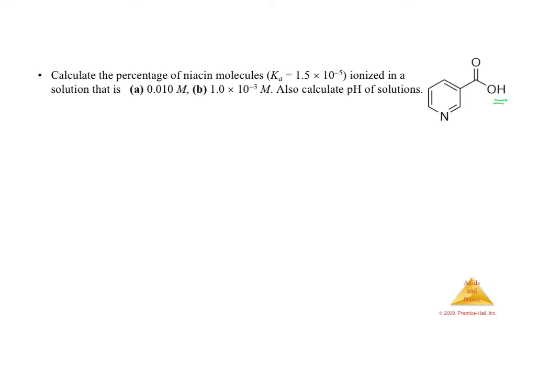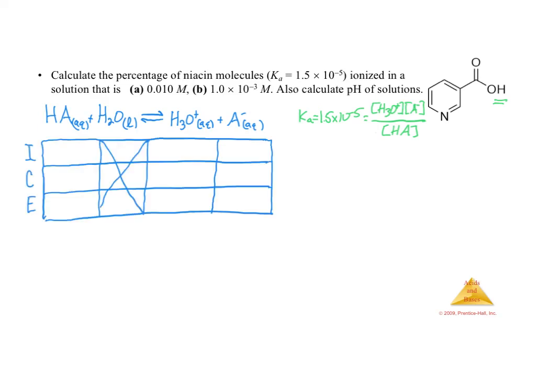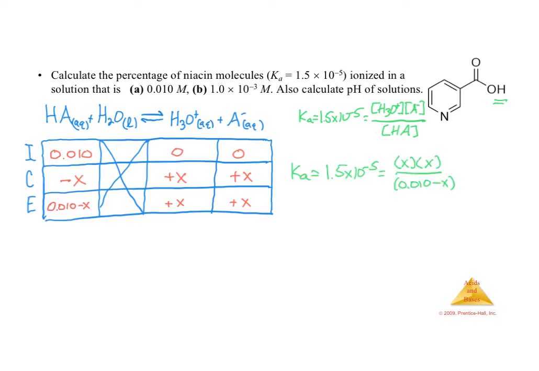All right, we're back. We're going to start with a generic balanced reaction equation for the dissociation of a weak acid and the weak acid dissociation constant expression. From here, go ahead and create your RICE table, fill in your initial concentrations, your change with respect to X, and your equilibrium concentrations with respect to the change in X. And then you can go ahead and fill those equilibrium concentration values into your equilibrium constant expression.